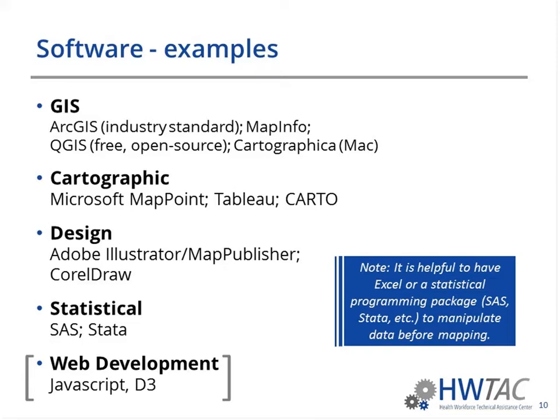You're seeing a lot more interactive maps, and these are created in a web development environment where people are using JavaScript and the D3 JavaScript library. Those are unique skill sets. They're different from normal GIS and cartography skill sets, but that's another set of software that you can use to make maps.